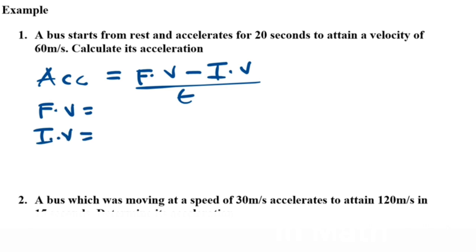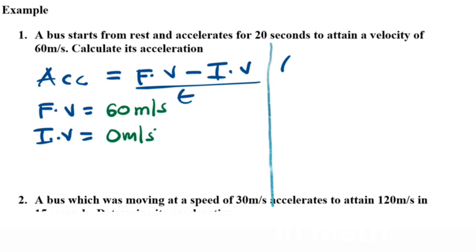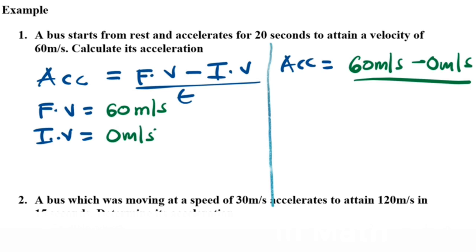Why 0? Because from rest, the vehicle is not moving and therefore the speed is 0. It accelerates so that it attains a velocity of 60 meters per second. 60 meters per second becomes the final velocity, and the time is 20 seconds.